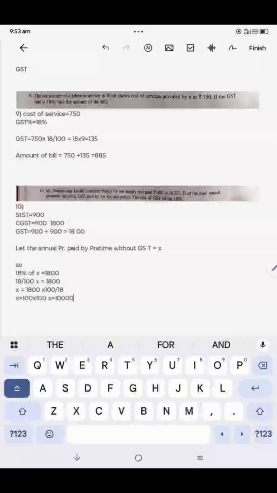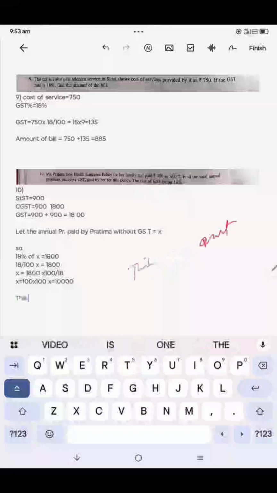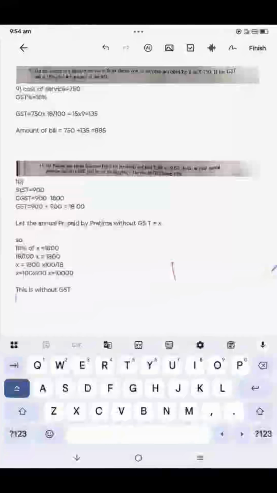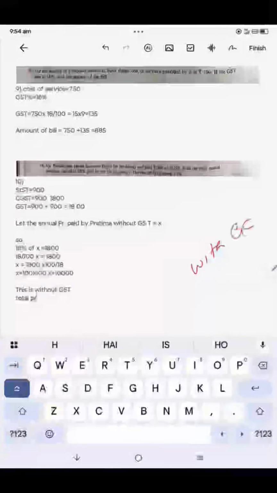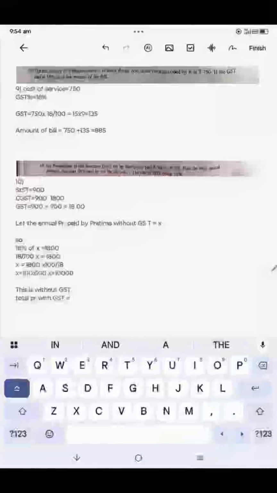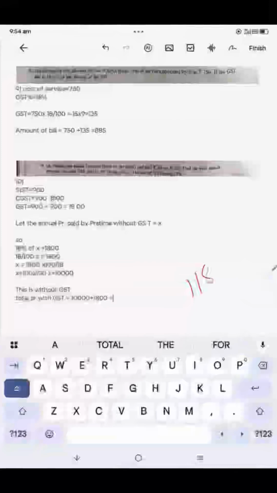10,000 is x. What is x? This is the annual premium she is paying without GST. Then how much will it be with GST? This amount is without GST. So total premium with GST is equal to 10,000 plus 1,800, that is equal to 11,800.